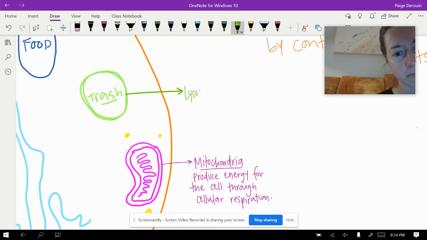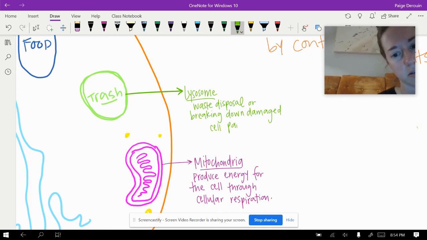Lysosomes are responsible for waste disposal, or breaking down damaged cell parts and recycling them.